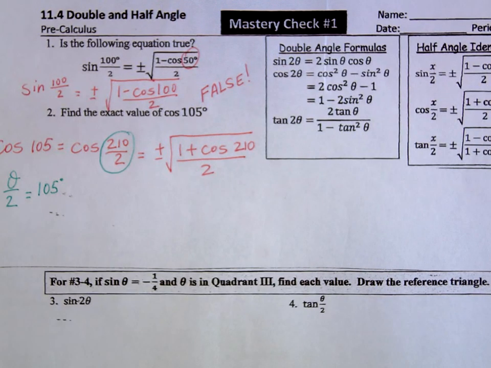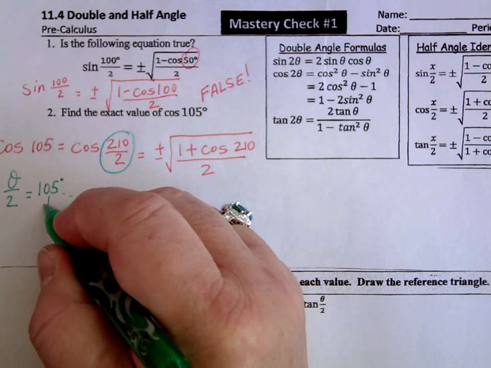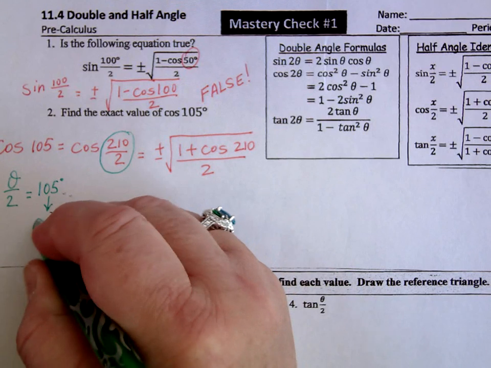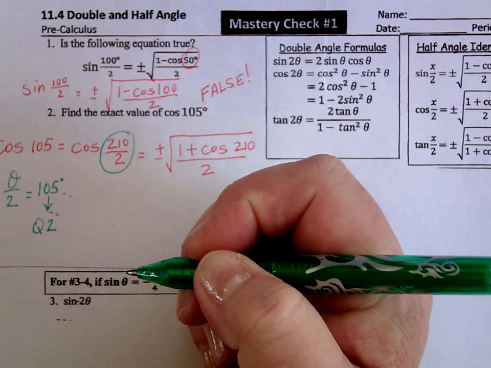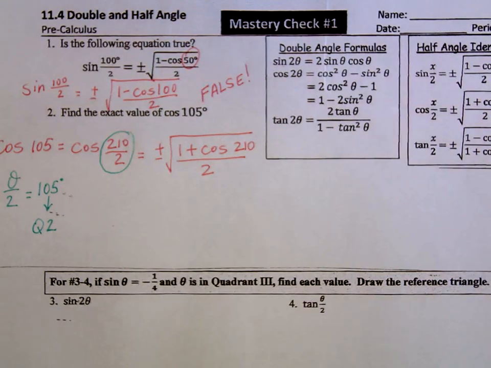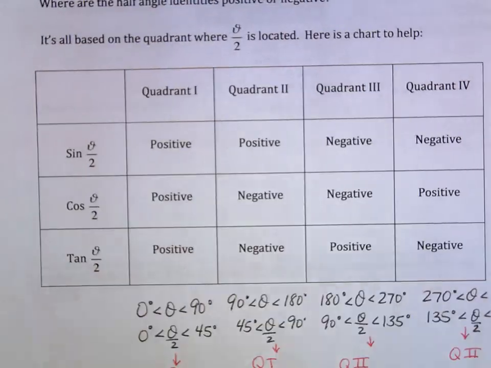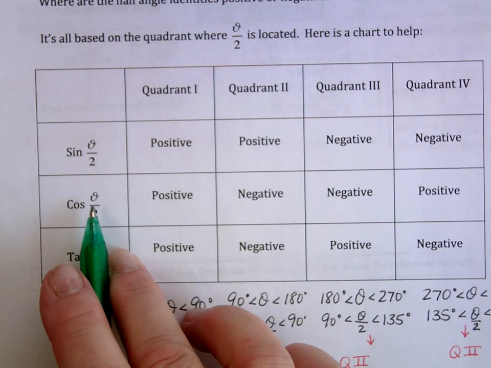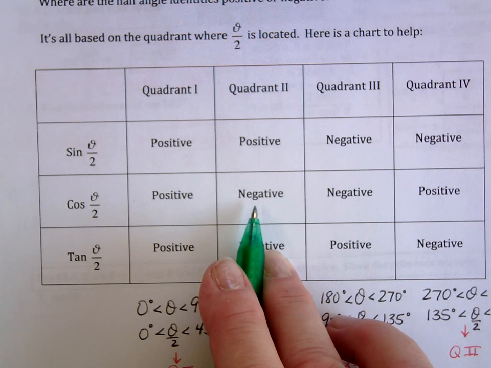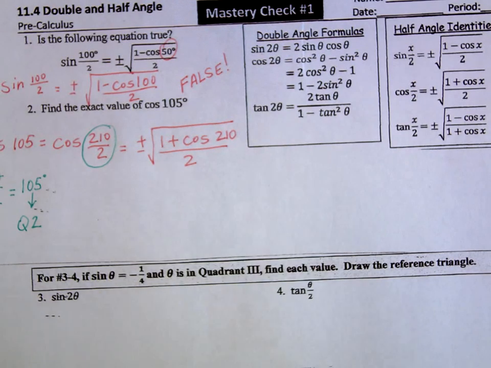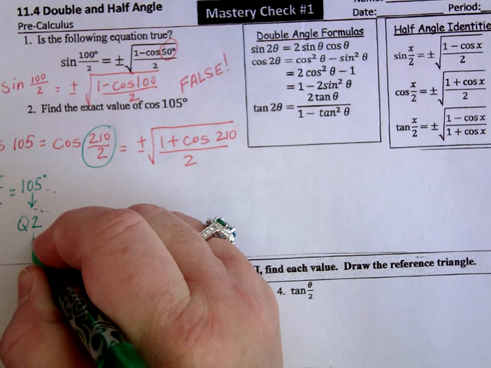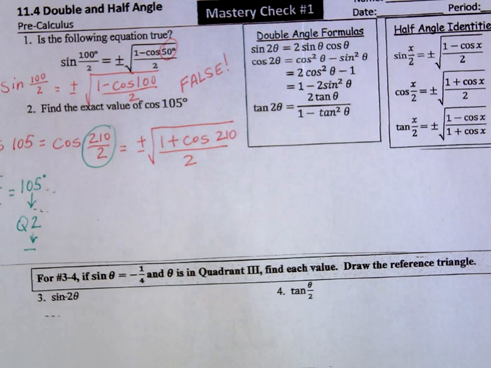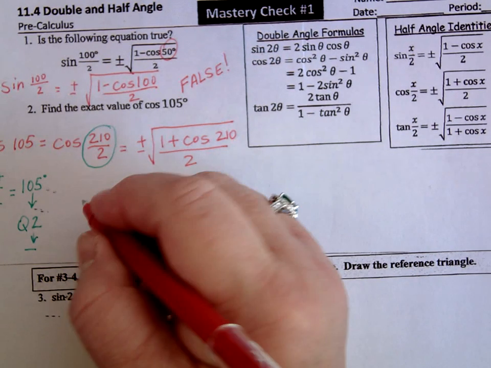Where is 105 degrees? 105 degrees would be in quadrant 2, and this is cosine. So I'm going to go to the chart that I gave you right here. The cosine of theta over 2, if it's in the second quadrant, is negative. That's the fact that we're going to use. We're going to use the negative square root of this to continue on. This one's going to be negative because it's cosine and it's in the second quadrant. That's telling us whether we're positive or negative. So we know we're negative.